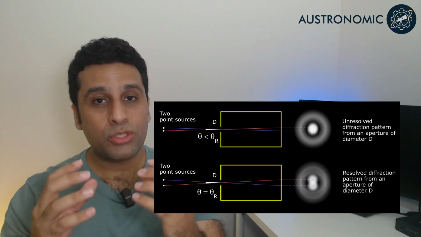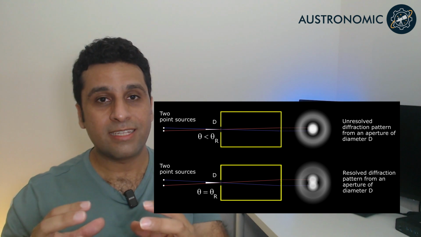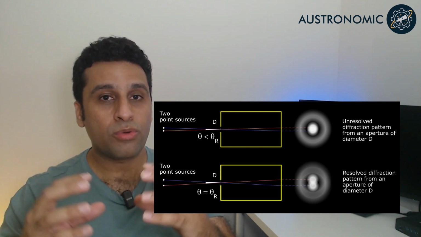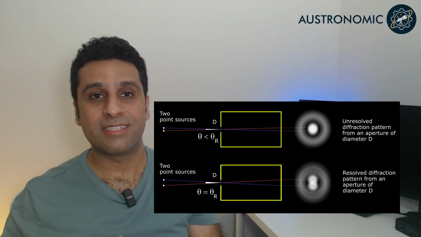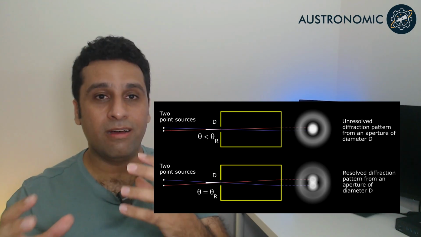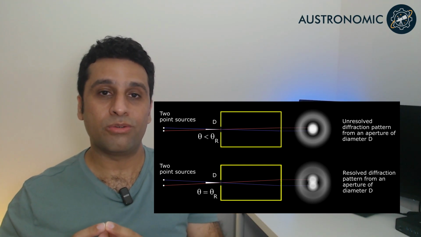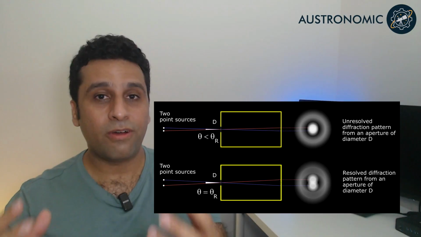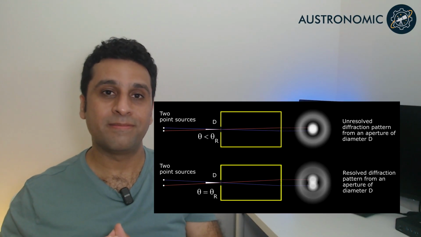If the overlap is too extensive, the combined pattern is a single elongated smear, and the two sources are unresolved and not detectable as separate objects. The minimum separation at which the two disks remain identifiable is the angular resolution limit of the instrument. It is a direct function of aperture diameter and the wavelength of the captured light.